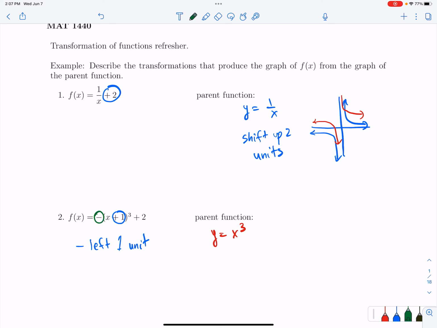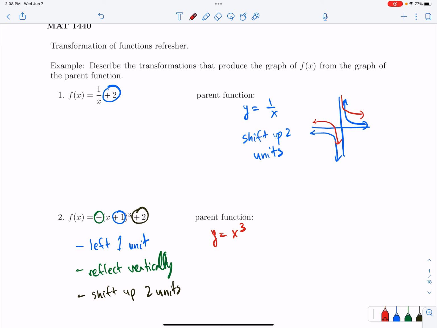And what that is going to do is flip the function vertically. We say that this reflects vertically. In other words, that's just going to flip that graph upside down. And then this plus 2 is going to shift up 2 units.